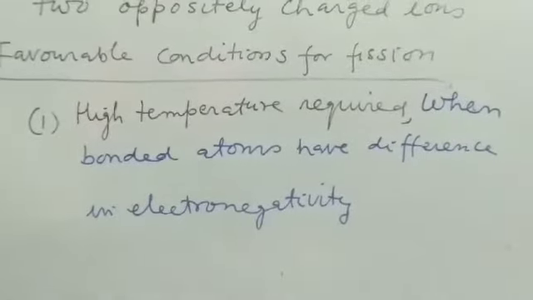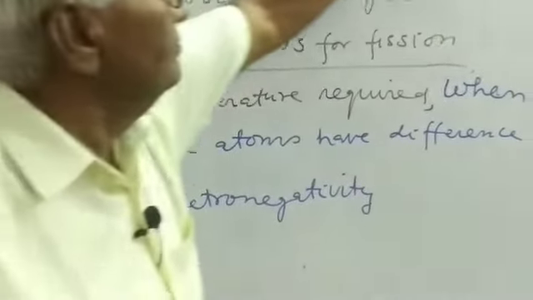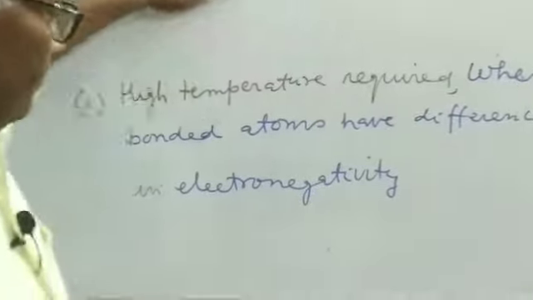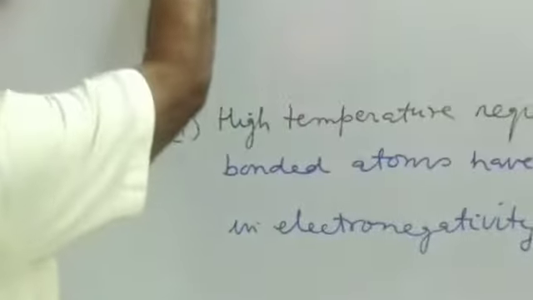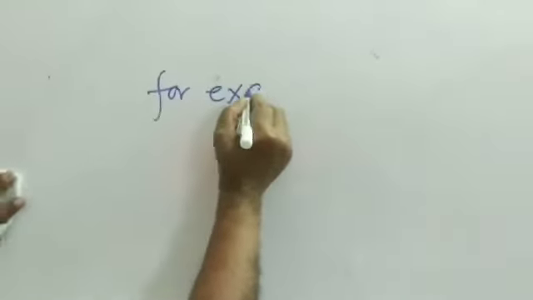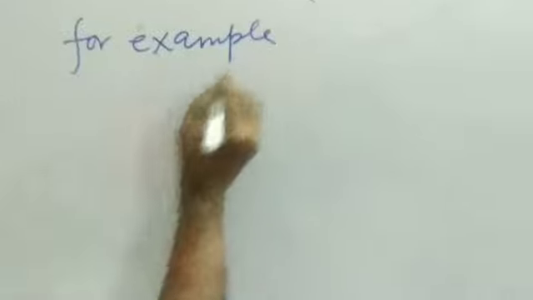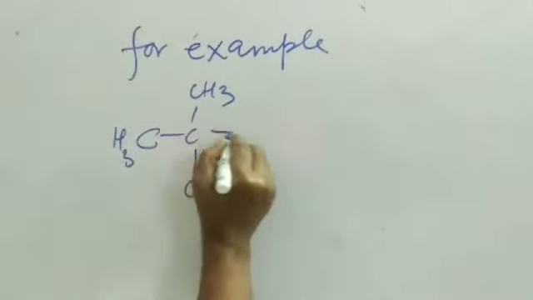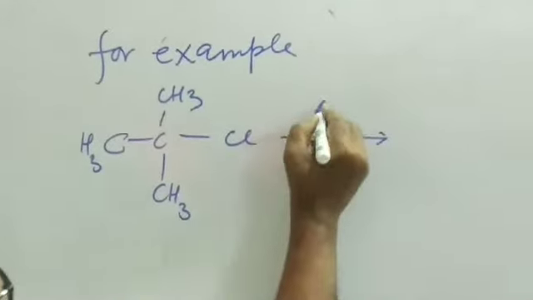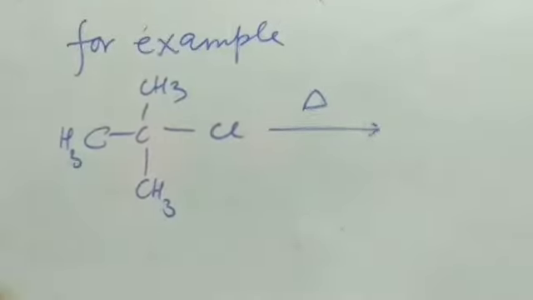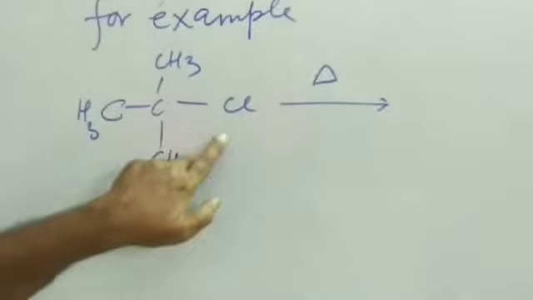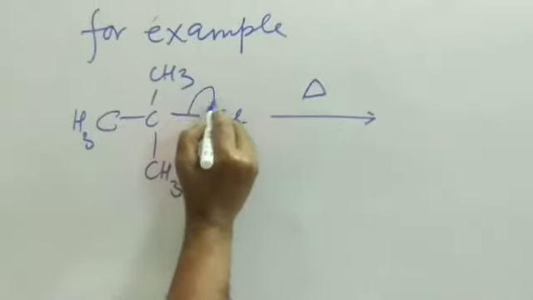For example, say it is tertiary butyl chloride. Give it some temperature. There is a difference in electronegativity of carbon and chlorine, so it will undergo heterolytic fission.